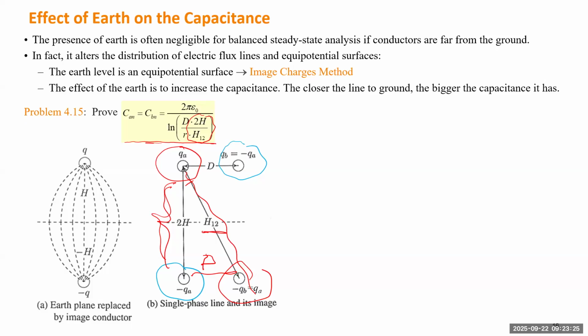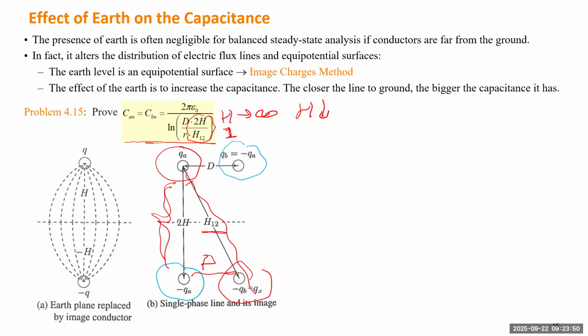So how to prove this formula? Before we prove it, if H goes to infinity, this factor will be 1. But if H becomes smaller, 2H divided by the square root of H squared plus... will be smaller, which means capacitance will increase.